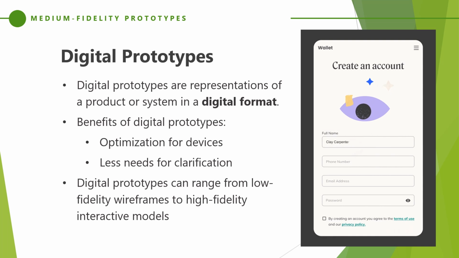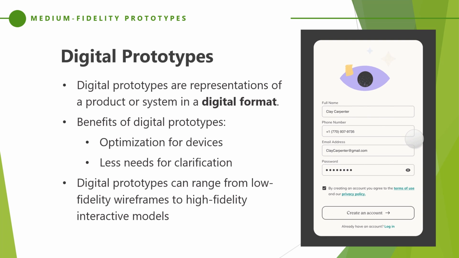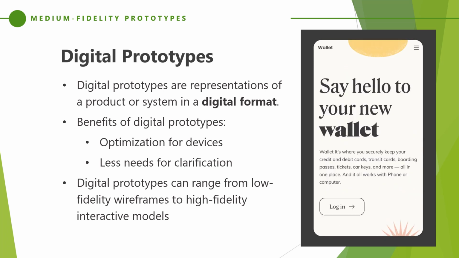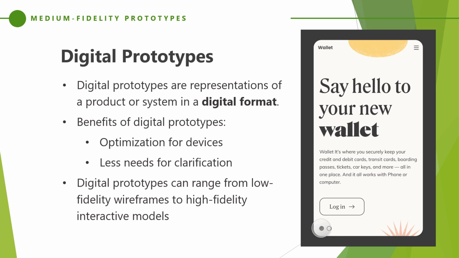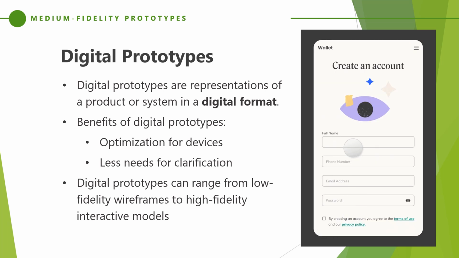For example, the home screen would show a simple, clean design with basic visual elements such as an app logo, a navigation bar, placeholders for different task categories, like work, shopping, personal. It would also have basic but polished visuals using actual or representative colors and icons.